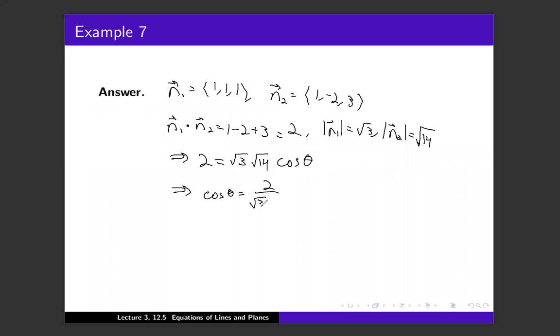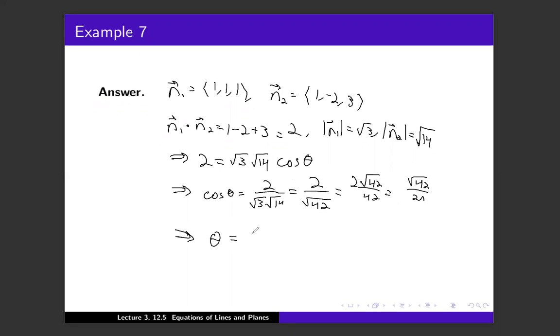It's 2 over root 3 times root 14, or in other words, 2 over root 42. And if you really want to, you can write this as 2 root 42 over 42, or in other words, root 42 over 21. It's fine either way. It makes no difference to us.